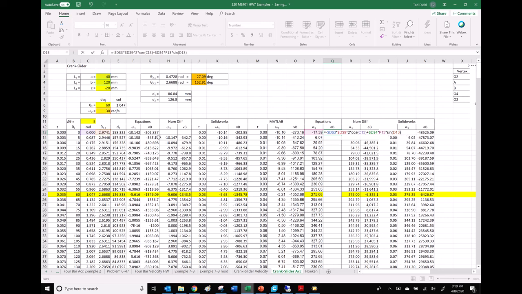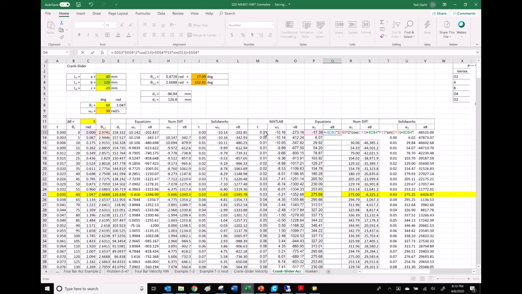And last thing, add in B again, F4, times omega 3 squared.